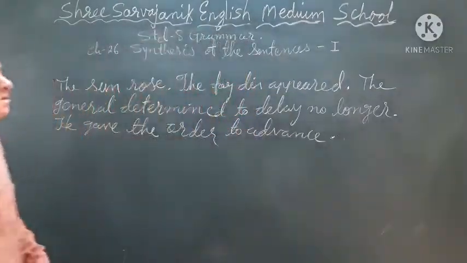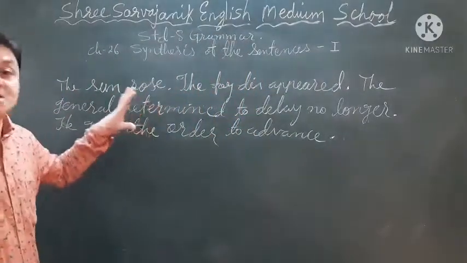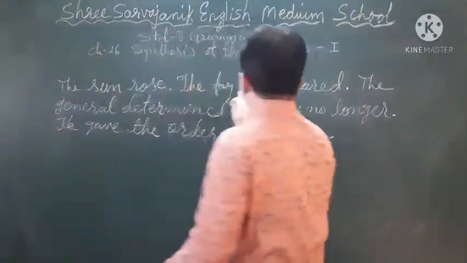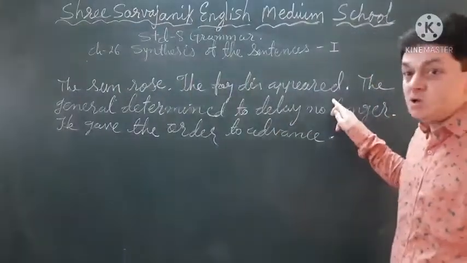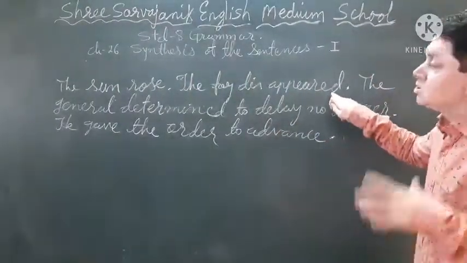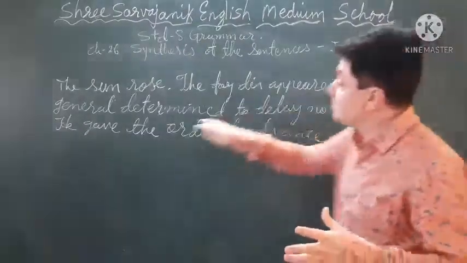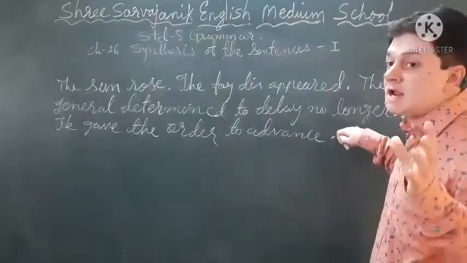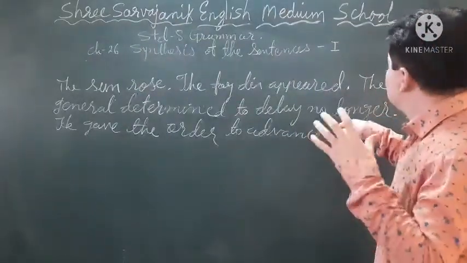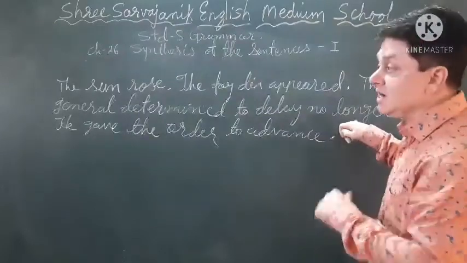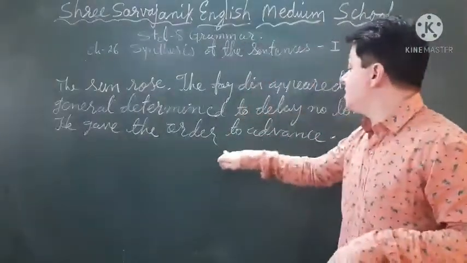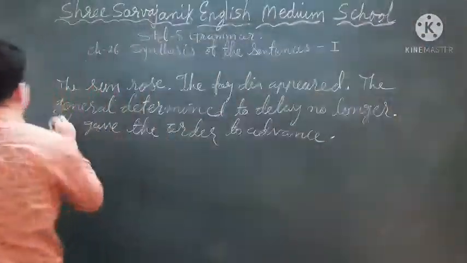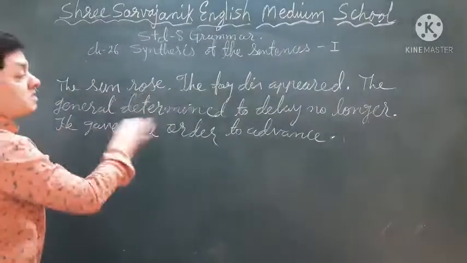Students, here is one big sentence. Three sentences are there. The sun rose, one sentence. The fog disappeared, means fog disappeared. You know about all this situation. Okay. So this is another sentence. The general determined to delay no longer, means he would not like to delay his attack or whatever. But here, third sentence: he gave the order to advance. Now he ordered his soldiers.